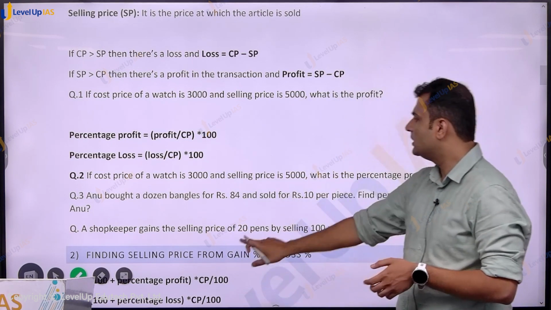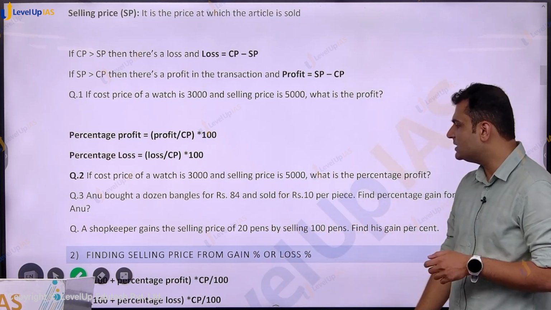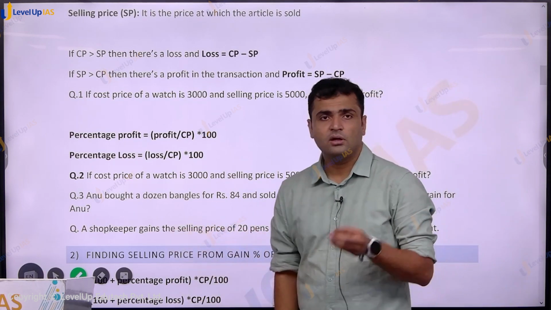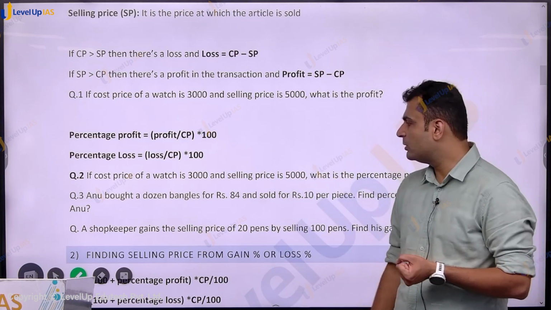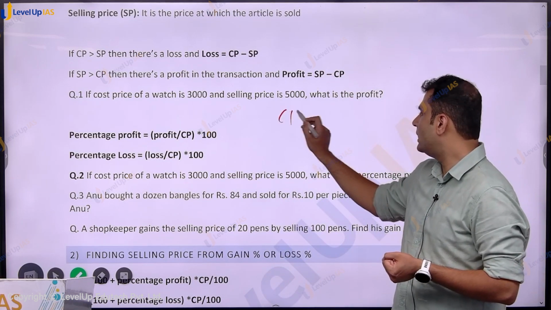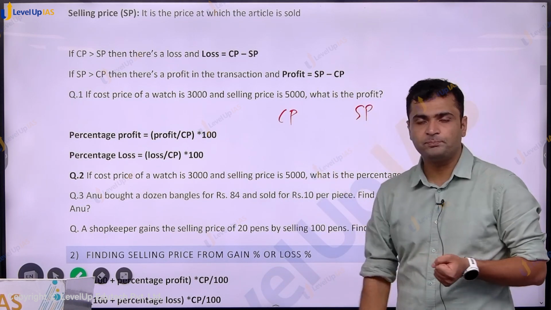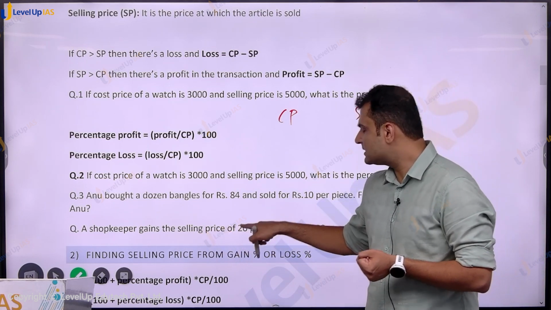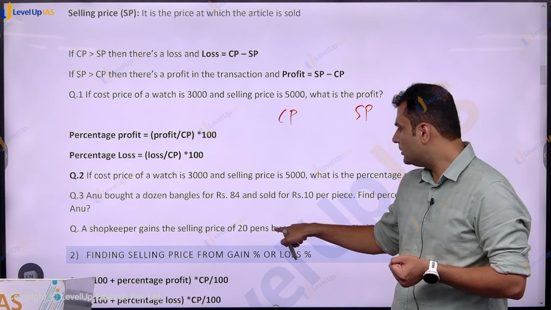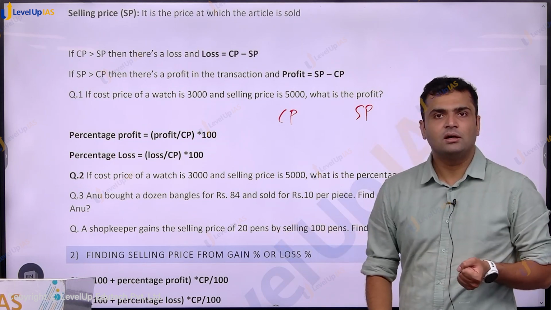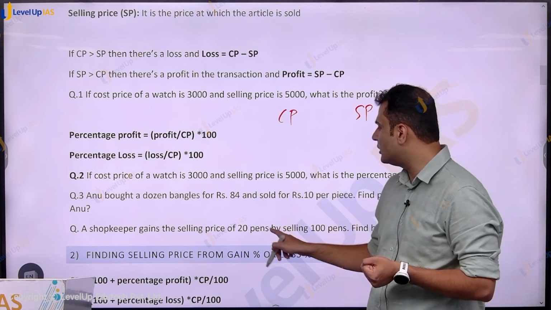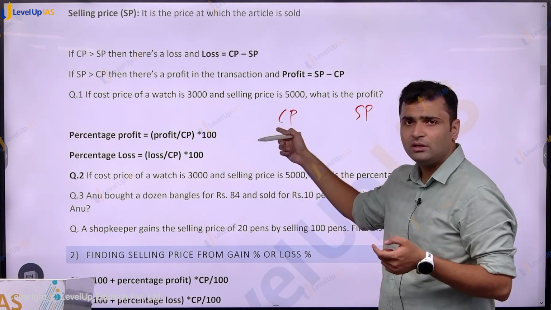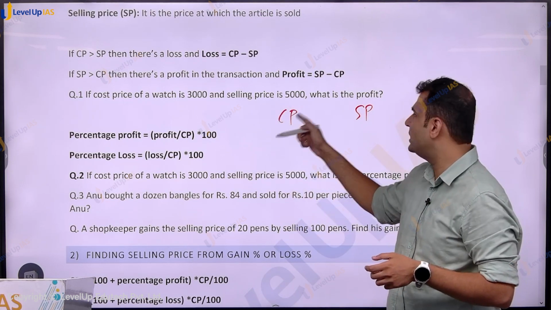A shopkeeper gains the selling price of 20 pens by selling 100 pens. What is the gain percent? This is a typical question. The shopkeeper has some cost price and some selling price. Now what they're saying is, the shopkeeper gains the selling price of 20 pens after he sells 100 pens. So let us assume the cost price of 1 pen is CP and its selling price is SP.